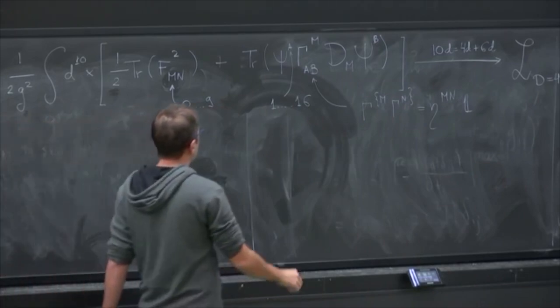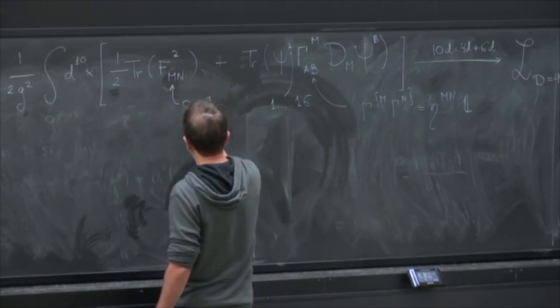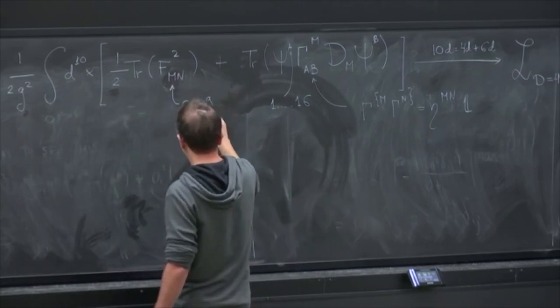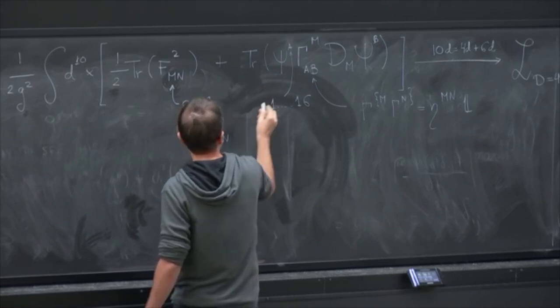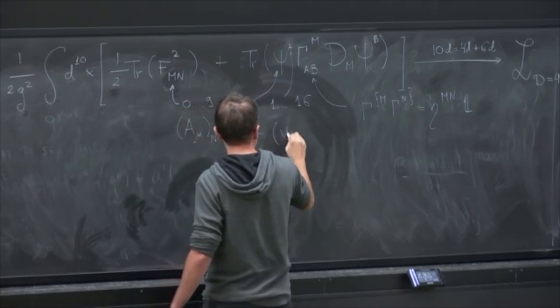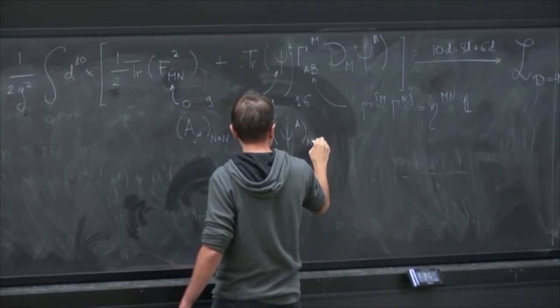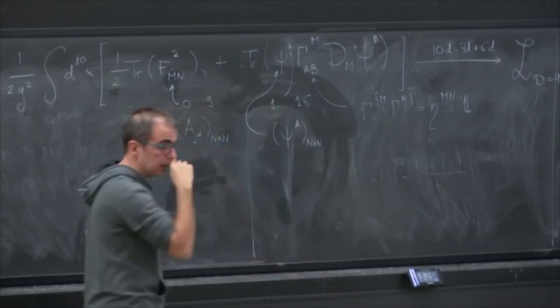And all these fields are matrices. Here A_mu, like we said before, is an N times N matrix. So is psi. This psi is also an N by N matrix, transforming in the adjoint of the gauge group.